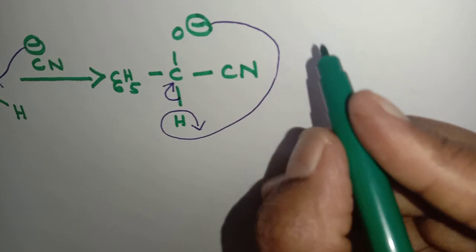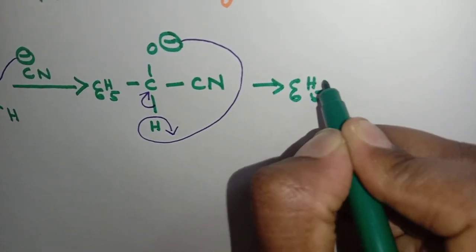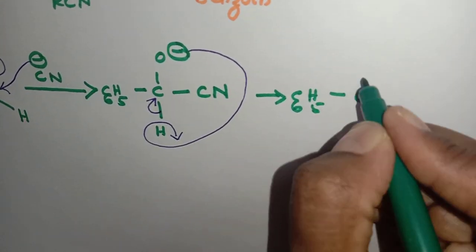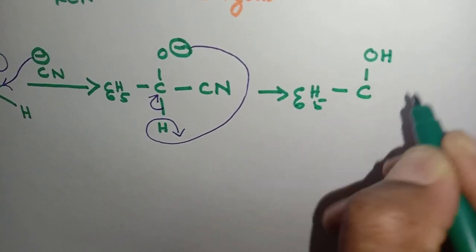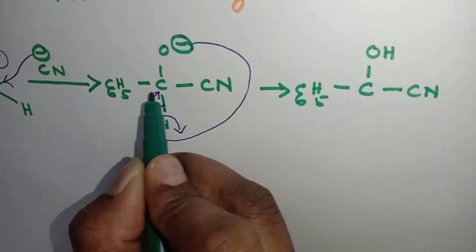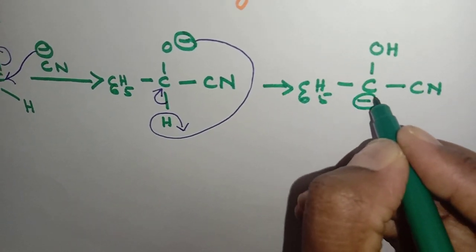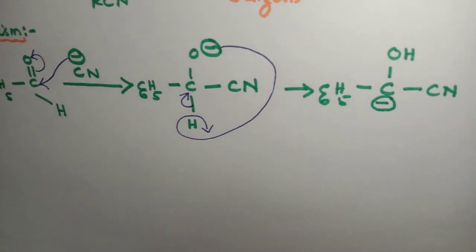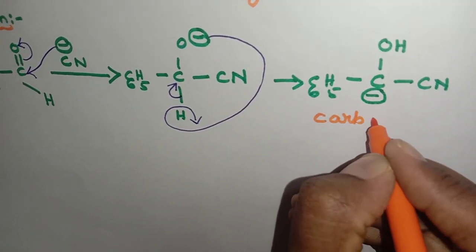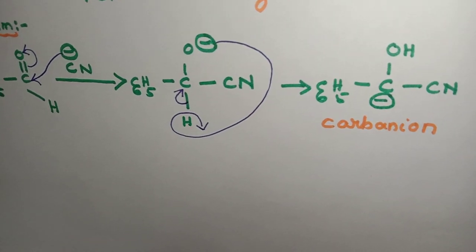Okay. So now we get C6H5 C. So O minus takes up H plus. So here comes OH. Here is CN group. Now these electrons are shifted to carbon. Hence here comes negative charge. Okay. So when carbon has a negative charge, we call it a carbanion. So first step is the formation of carbanion.